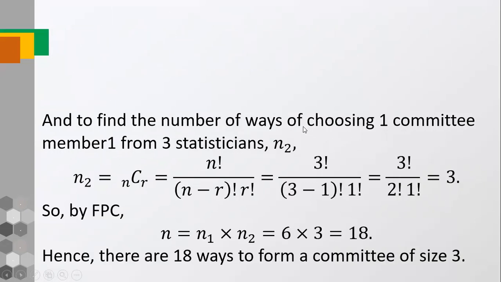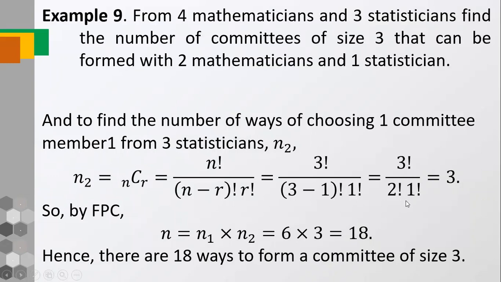To find the number of ways of choosing 1 committee member from 3 statisticians, we will use n sub 2. So n sub 2 will be 3 combination 1, or 3 taken 1. So that is 3 factorial over 3 minus 1 factorial times 1 factorial, which is equal to 3 factorial over 2 factorial times 1 factorial, which is equal to 3.